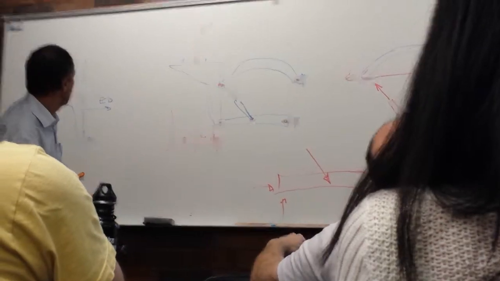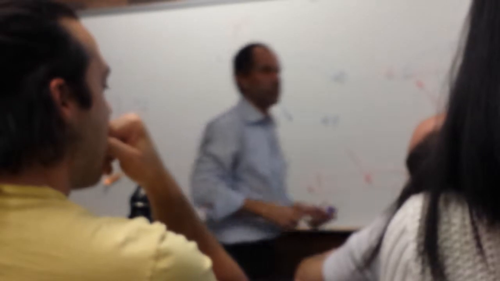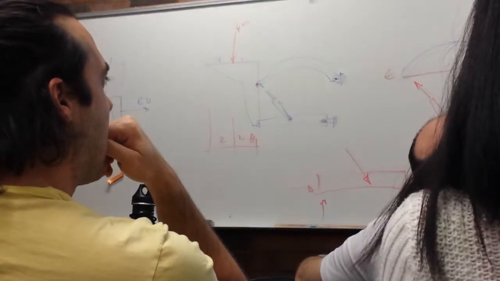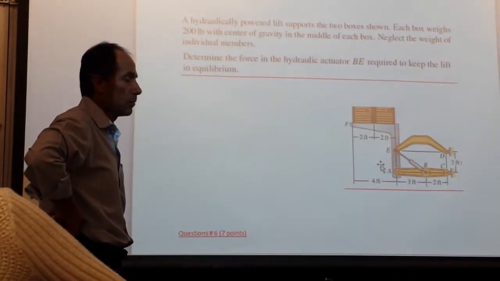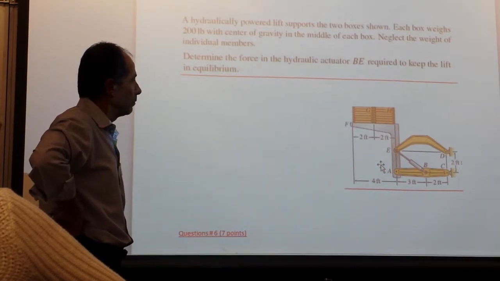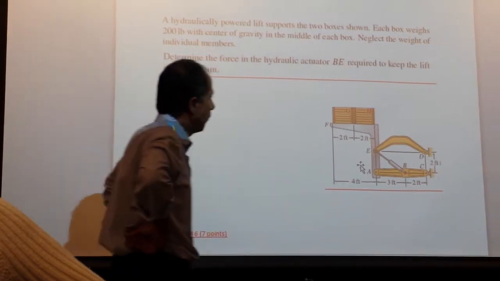Okay, all right. But then, again, why isn't EB pulling down on ED? Why is it a 2-force rigid body? Because EB is connected to ED.